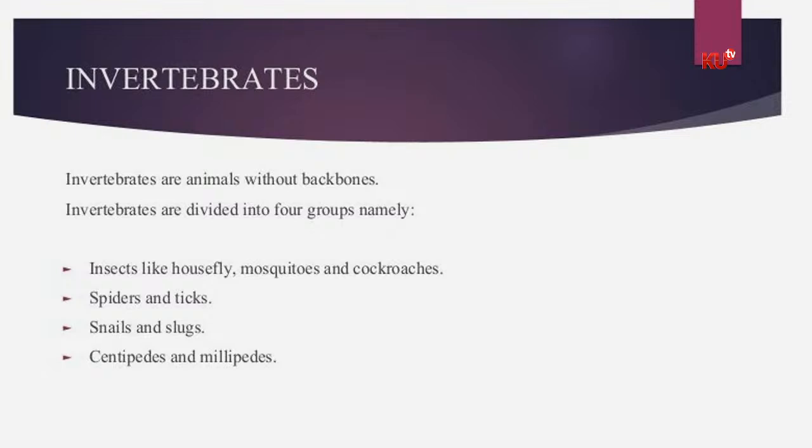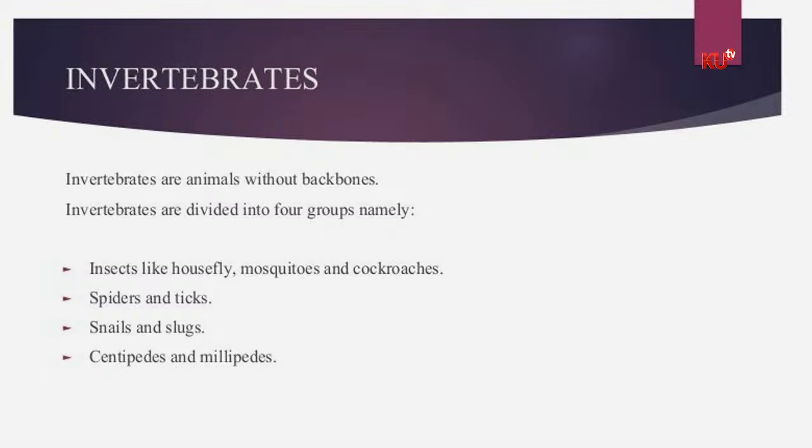Then the last group is called centipedes and millipedes. So these are the 4 categories or groups of invertebrates.